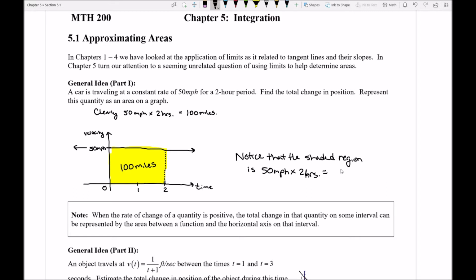And so, of course, the amount of shaded space that I have should be 100 miles. So this is the idea of where we're going to be going in Chapter 5. We're going to see that the reason that we're interested in finding areas under curves is because areas under curves could actually represent some sort of real-world quantity that we might be interested in computing.